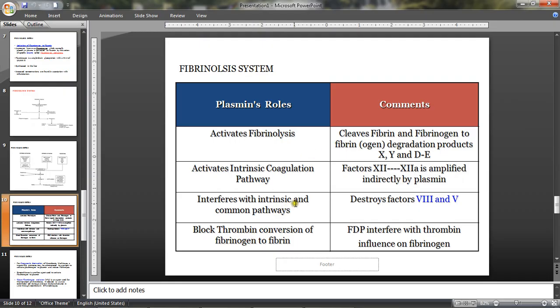It interferes with the intrinsic and common pathway of the clotting. Common pathway of the clotting means the formation of prothrombin activator. It destroys factor 8, antihemophilic factor, and factor 5, blocks thrombin conversion of fibrinogen to fibrin, and fibrinogen degradation products interfere with thrombin, influence on fibrinogen.